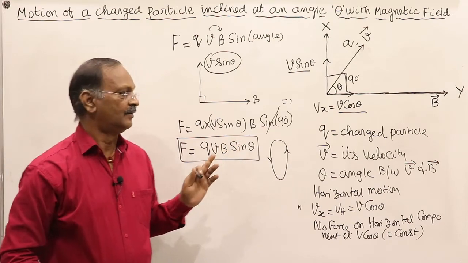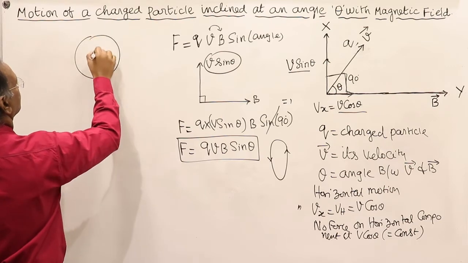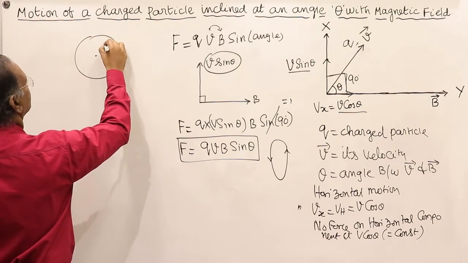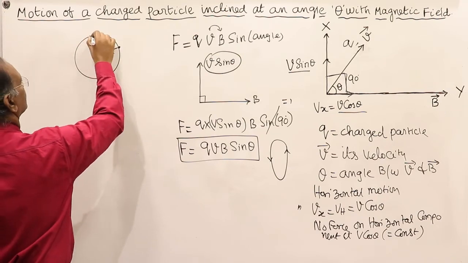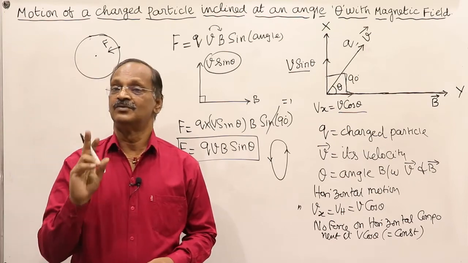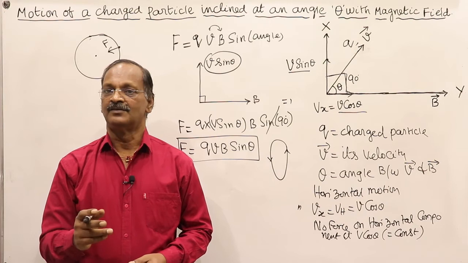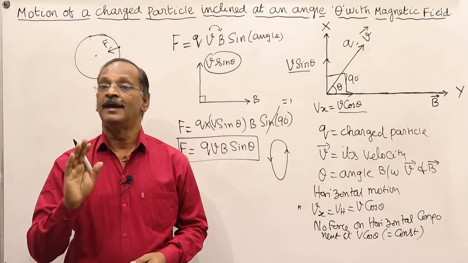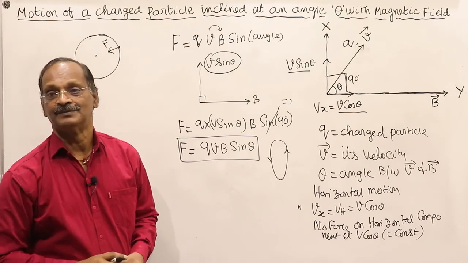Now, if it is a circular motion, there has to be a centripetal force, for the body to move in the circular fashion. So it means the centripetal force required to move the particle in a circular path is provided by the magnetic Lorentz force.